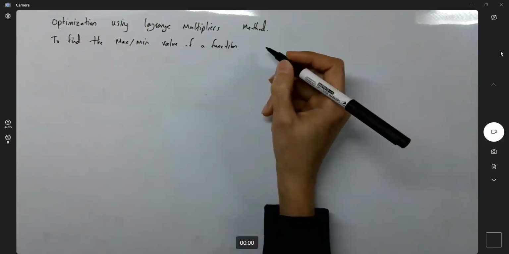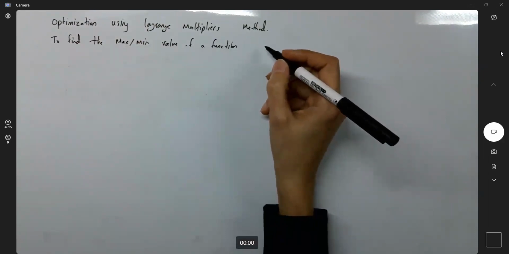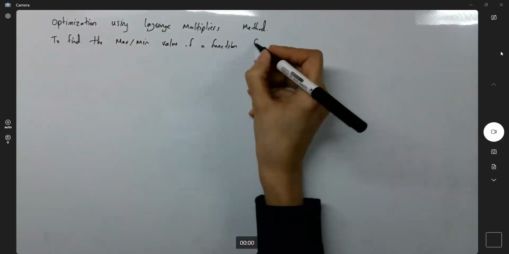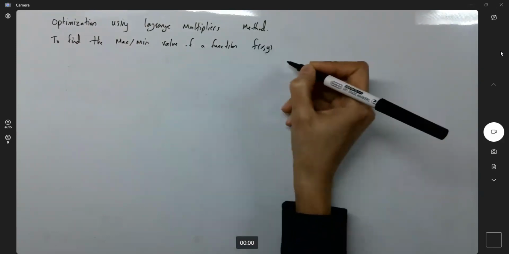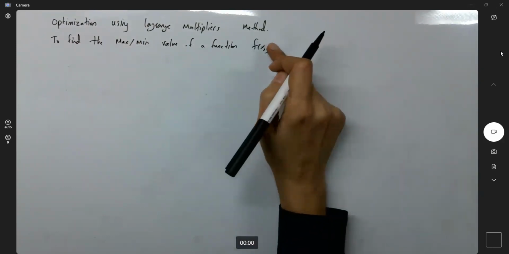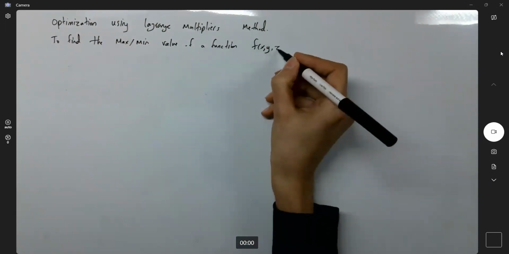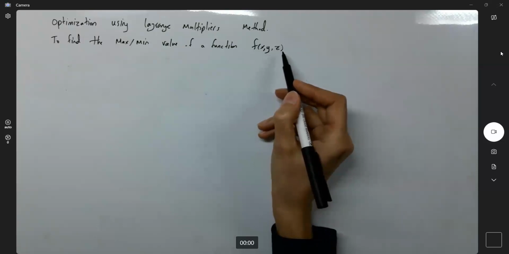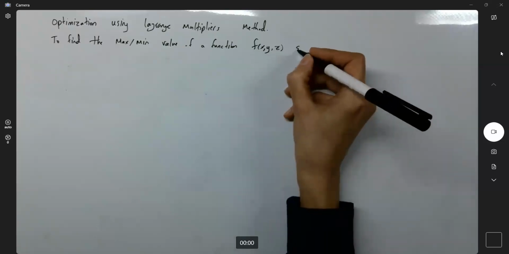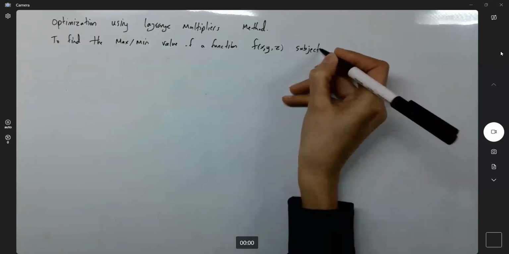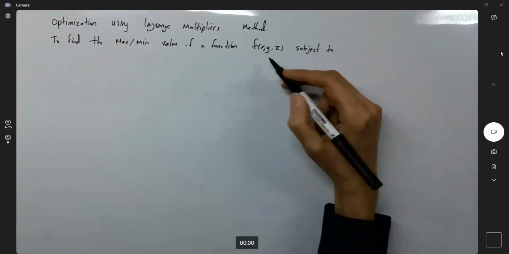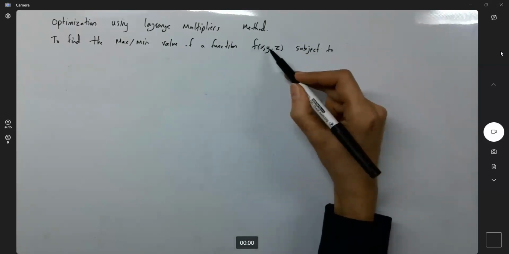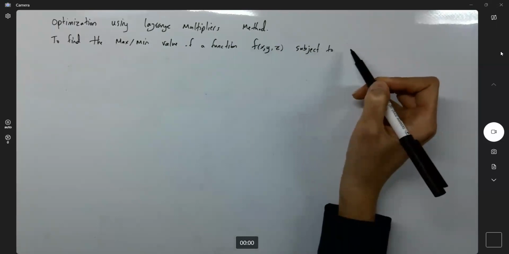The function that is given to us is, for example, f of x and y. You can add z as well and generalize the function later. So note that f of x and y, or f of x, y, and z, subject to. It means that we are bounding our function to some other functions.